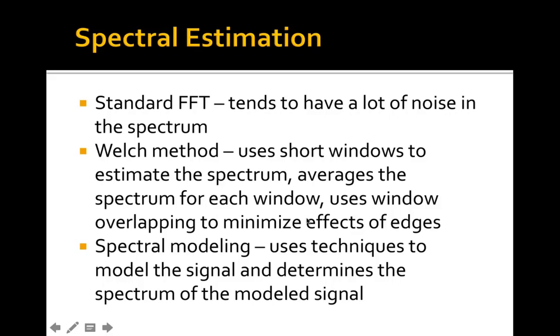So to clarify that, let's suppose you had 30 seconds of data. The Welch method might take 5-second windows, find the spectrum for the first 5 seconds, and then shift the window instead of from 0 to 5 to be, say, from 2.5 to 7.5. Find that spectrum, then go from 5 to 10, find that spectrum, and then average all the spectra. This has the result of doing a couple of things.